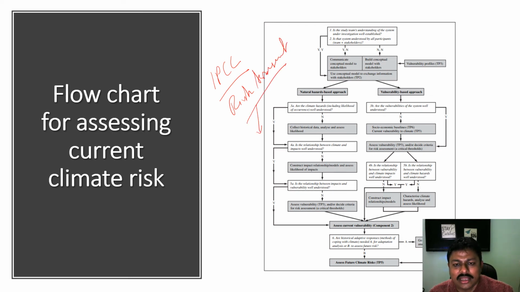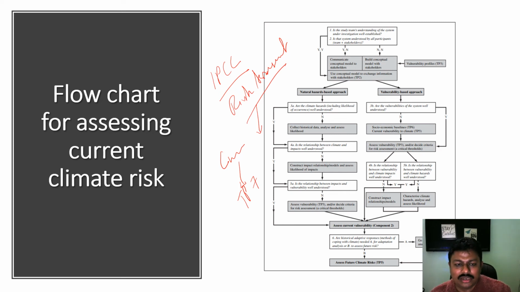Okay, and that committee has prepared 7 technical papers. In each of the technical papers, they have explained different types of measures that can be adopted to minimize the risk associated with climate change of a location.